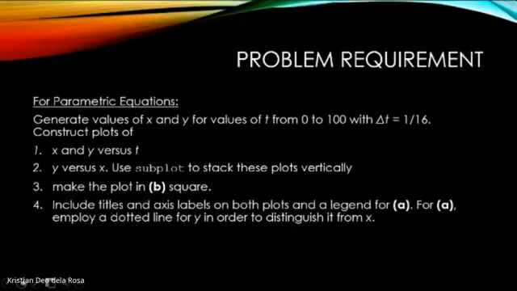From last time, we said we will make a plot for x as a function of time and y as a function of time, wherein the value of time is from 0 to 100, not 100 entries. From 0 to 100 with delta t as 1 over 16.